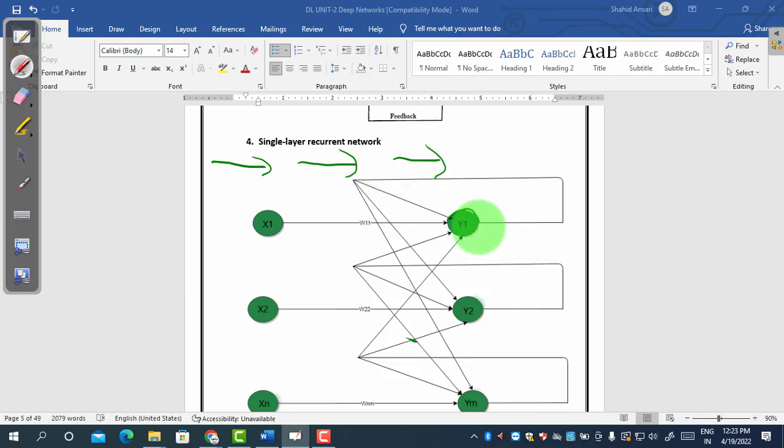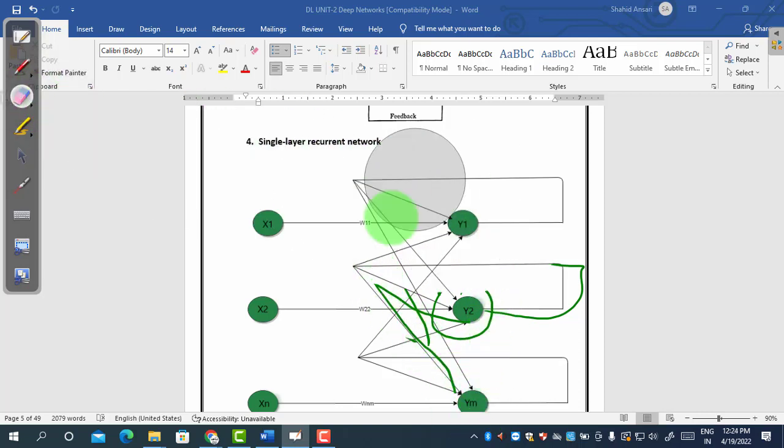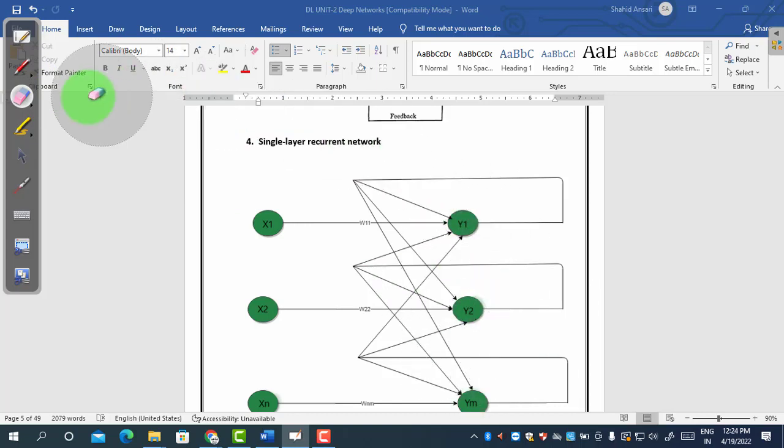The output of y1 is again given back to all of the output nodes, as you can see. The output of y2 is again given back to y1, y2 and yn. That means we form a closed loop. एक closed loop बनेगा, loop type structure आएगा.